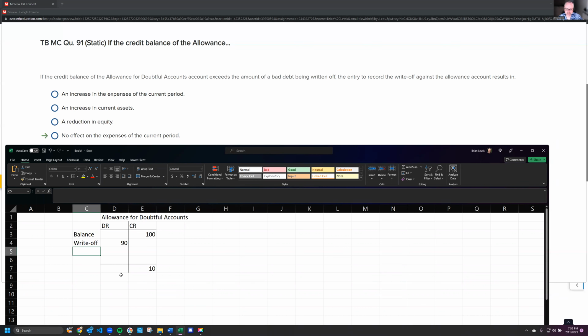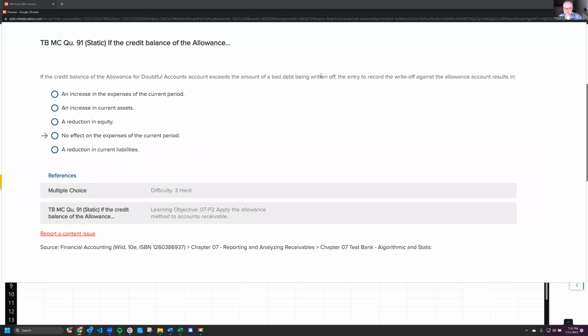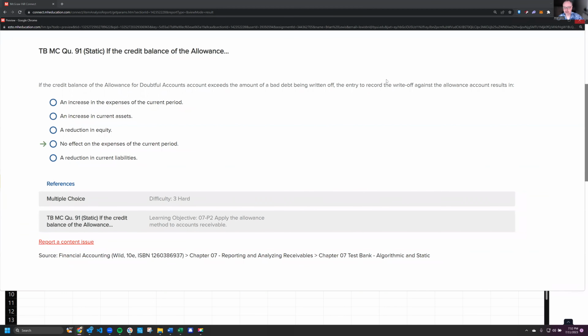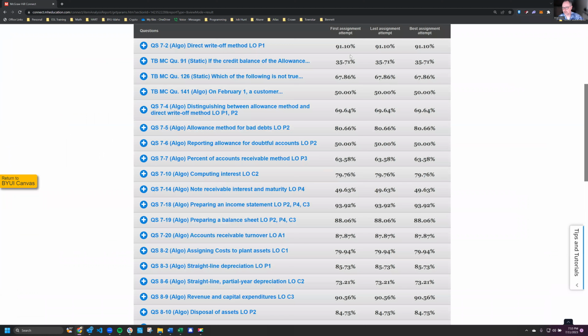And since it's a current period evaluation, not a year-end evaluation, I would say it's no effect on the expenses, because all we did is hit an asset account, not an expense account. Okay, so I can understand how that one would probably have been a little bit of a struggle for some. Let's go back. Okay, that one's that one.